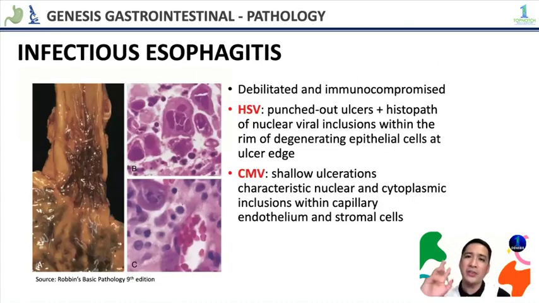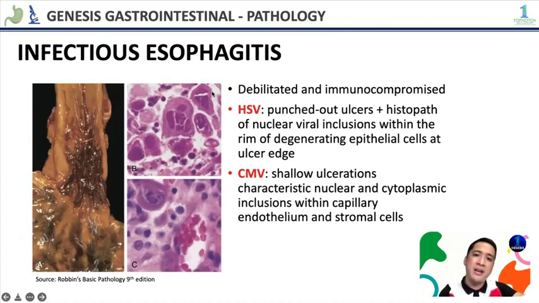Okay. Another important factor that we should consider is infectious esophagitis. You will see here this herpetic punch-out lesion secondary to herpes simplex virus infection.